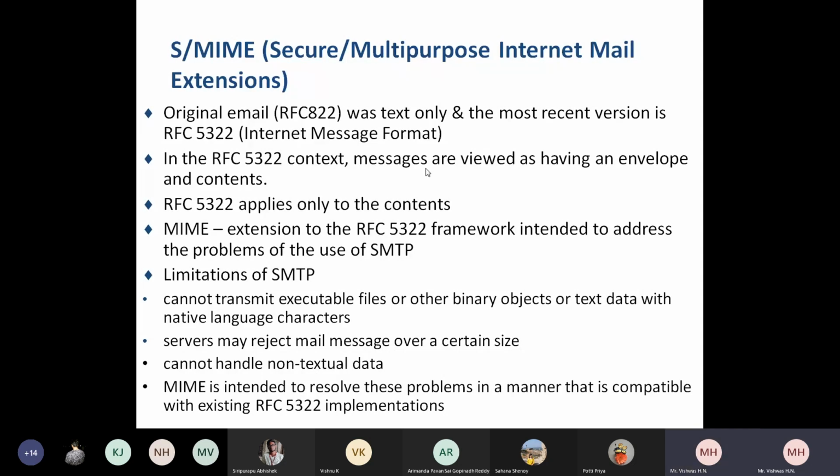Okay, so next coming to MIME. Before going to SMIME, let me give you information about MIME. MIME is Multipurpose Internet Mail Extensions. It provides extensions like non-text attachments, such as images, videos, audios, and other multimedia messages, and the ability to send multiple objects within a single message by attaching them.